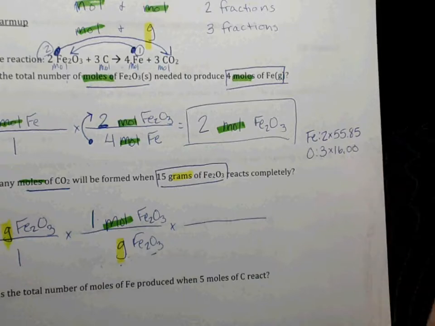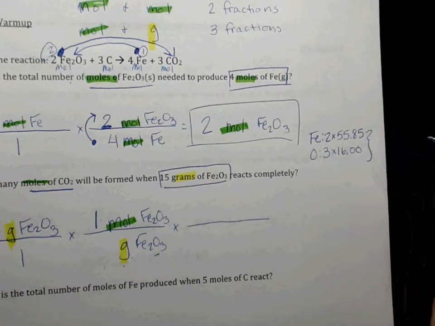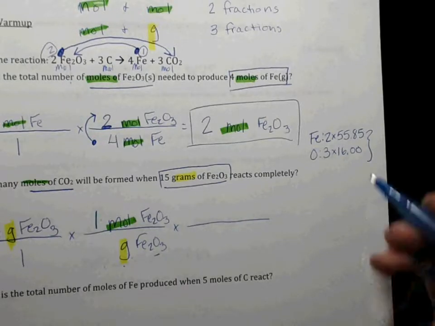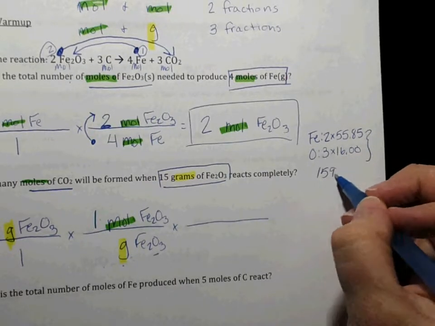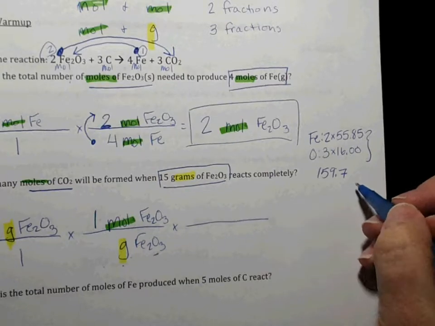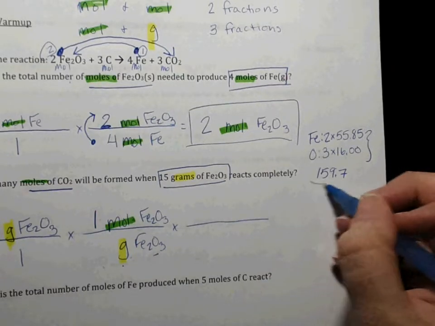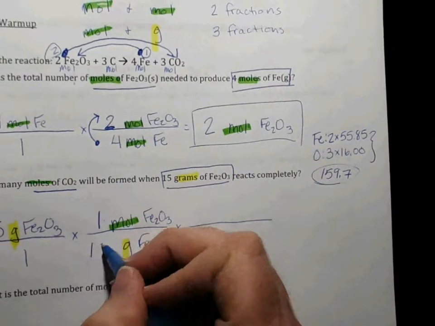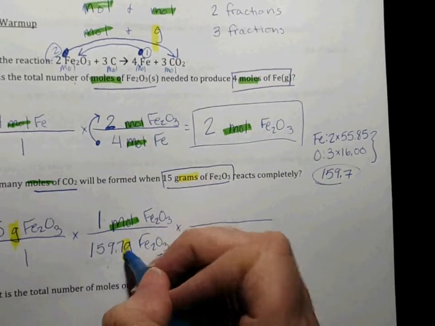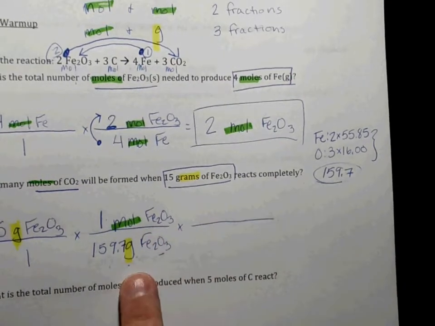The mass of oxygen is 16. There are 2 irons and 3 oxygens, so you're going to have to add all of that together. And when you do, you get 159.7, which is your number of grams of Fe2O3. So that number of grams is what we're going to put down here at the bottom of this fraction.